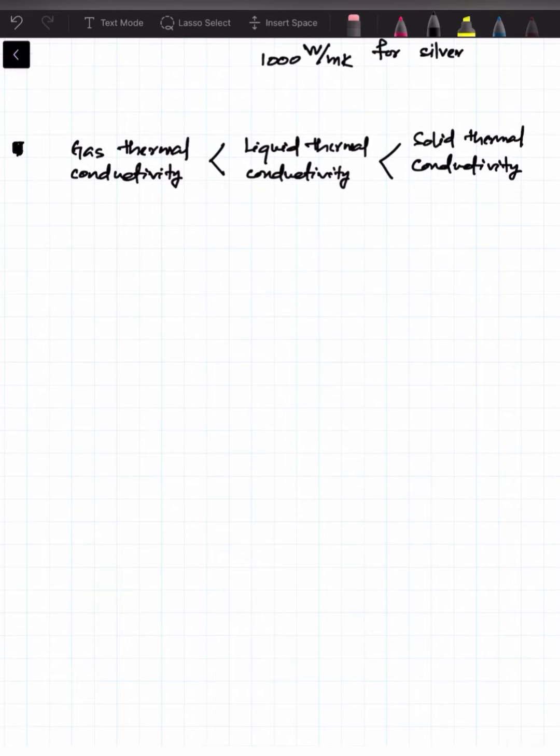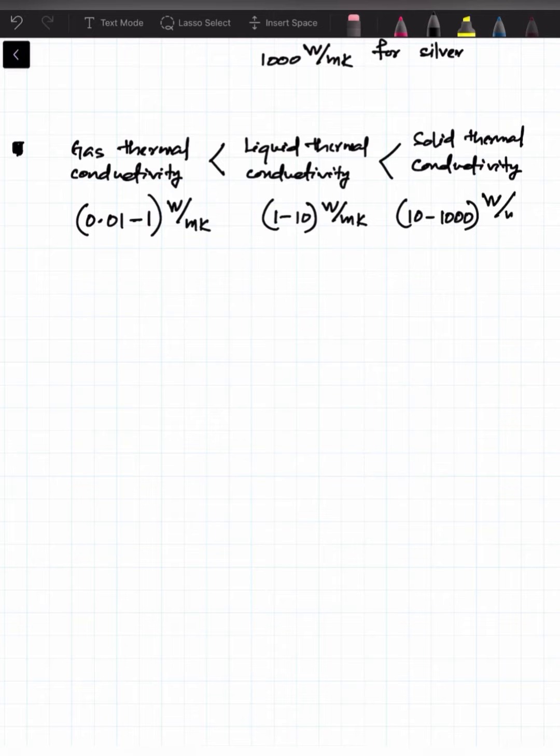There are different ranges of values of thermal conductivity: for gas it ranges from 0.01 to 1 watts per meter Kelvin, for liquid it ranges from 1 to 10 watts per meter Kelvin, and for solid it ranges from 10 to 1000 watts per meter Kelvin.